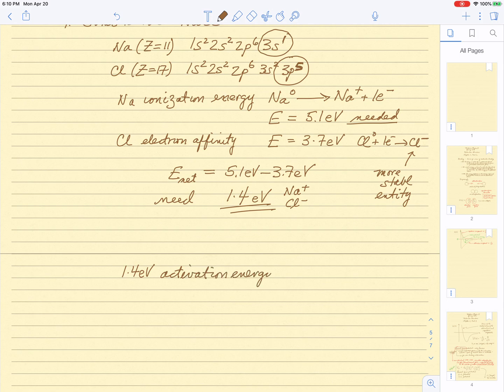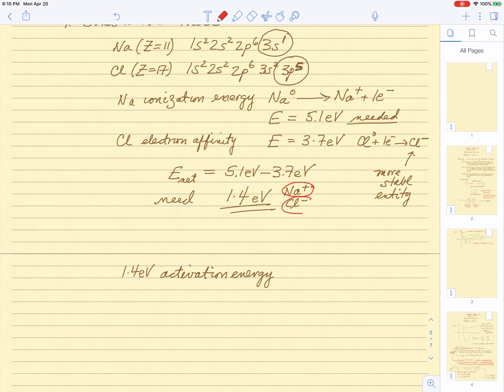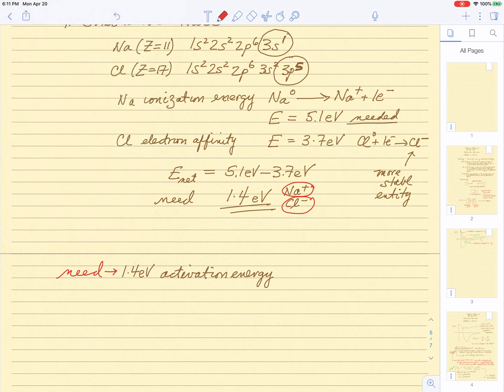It's the energy overall that is needed to form the sodium ion and the chloride ion.